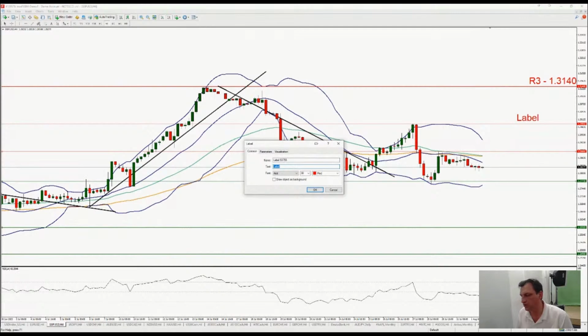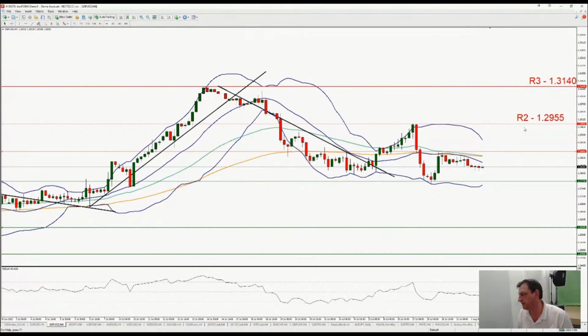The second resistance line, which is being placed at 1.2955. Let's verify that.